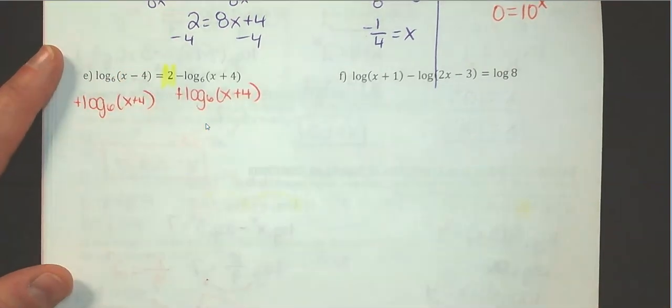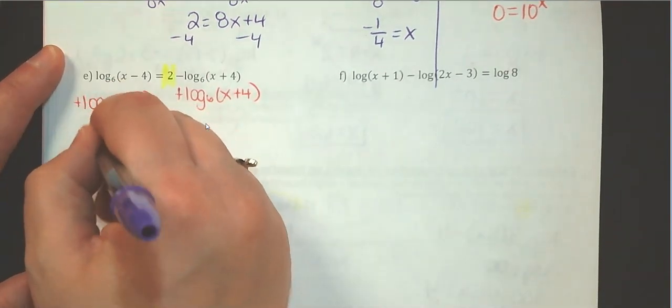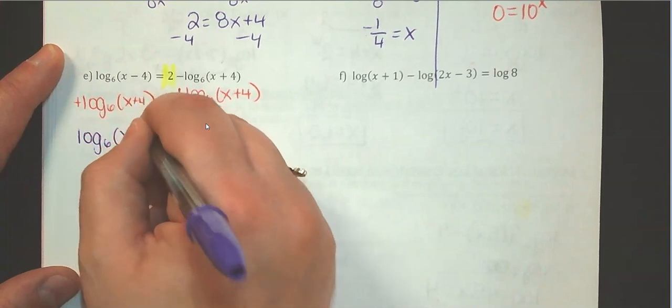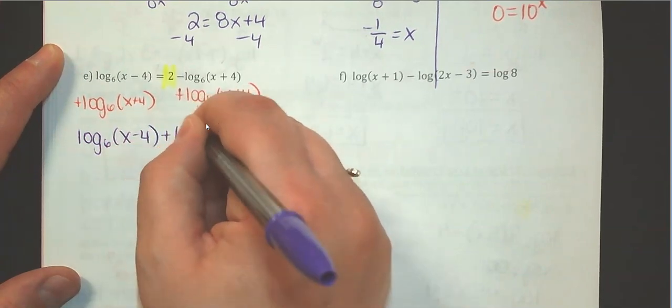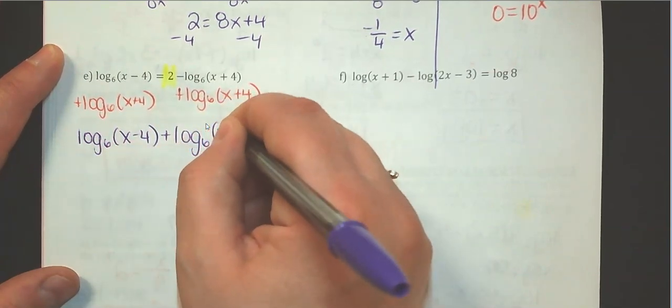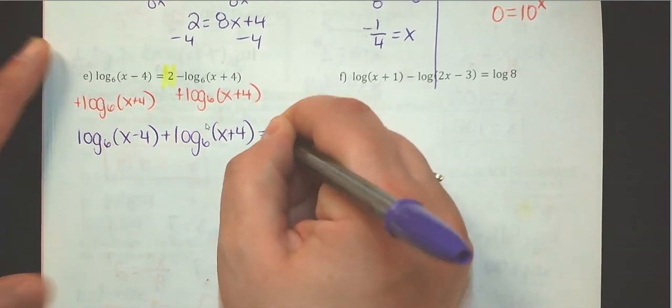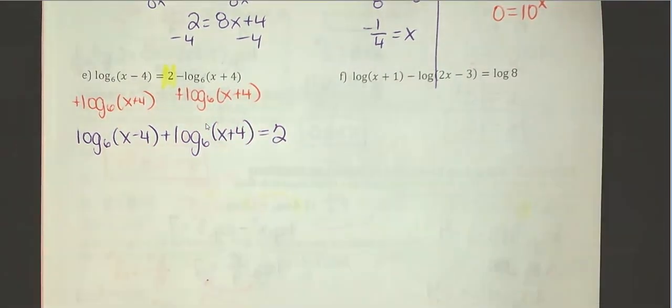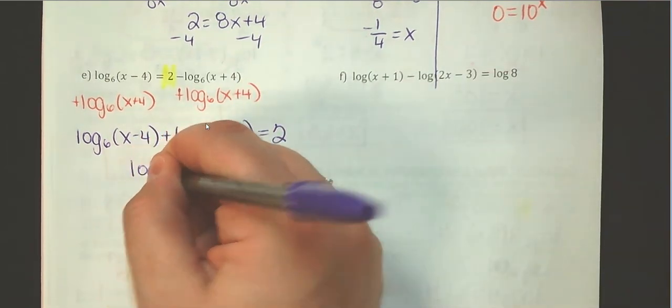Now, when you do that, we'll, on this left side, attempt to just put this together as a single log. So if I add that to the other side, this will just be equal to 2. We're going to scrunch these together. And when I do that, if I have adding, that turns into multiplication.